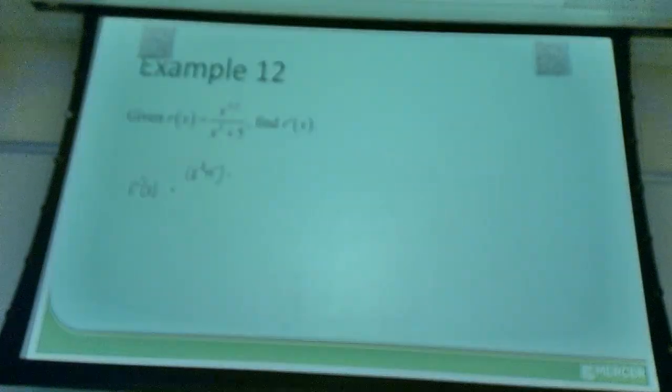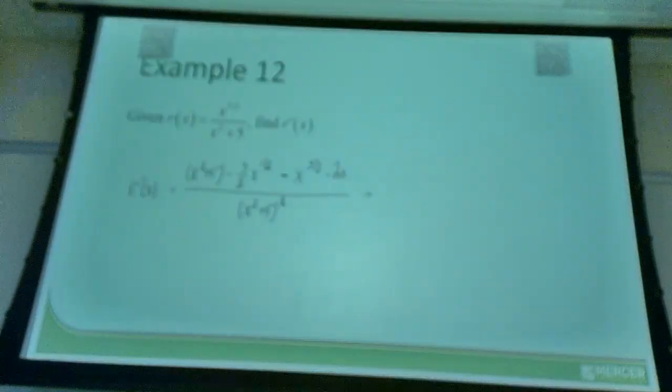So denominator times, what's the derivative of the numerator? 3x over, minus the numerator times the derivative of the denominator, 2x, all over denominator squared. Wait. Quotient rule is denominator first. It is. Oh, yeah. Wait. That's what it is, right?